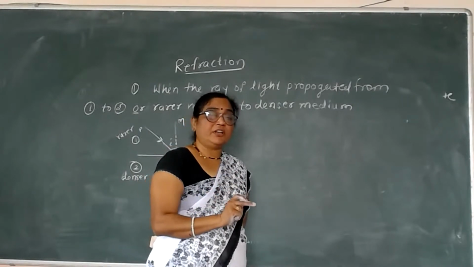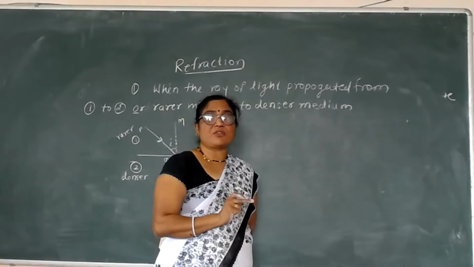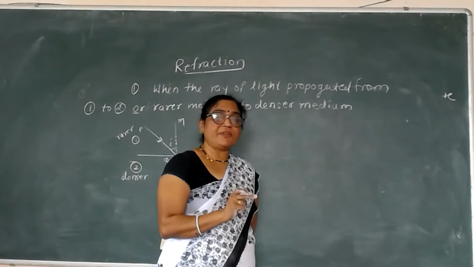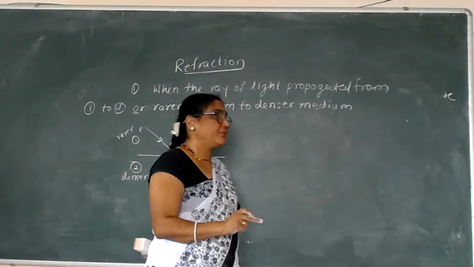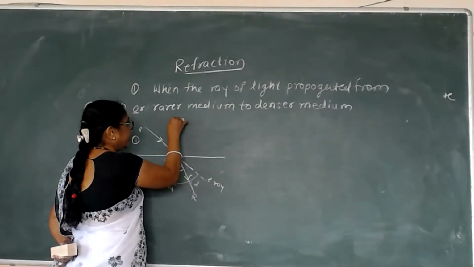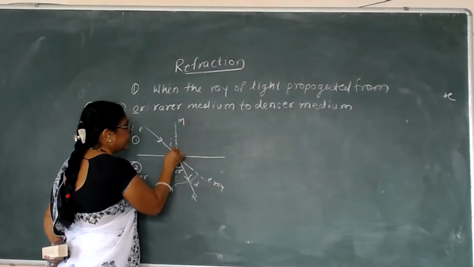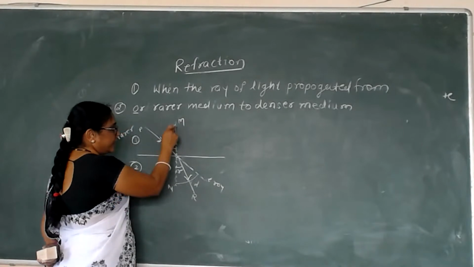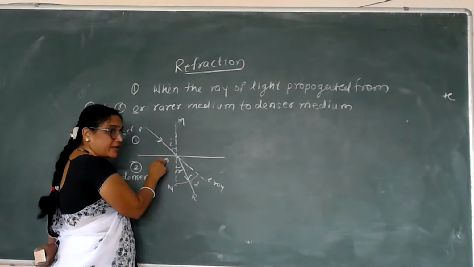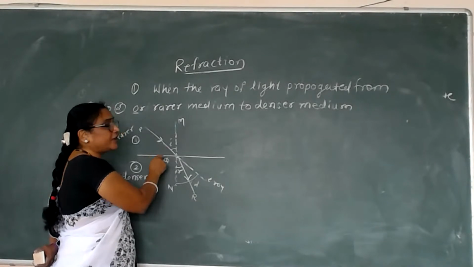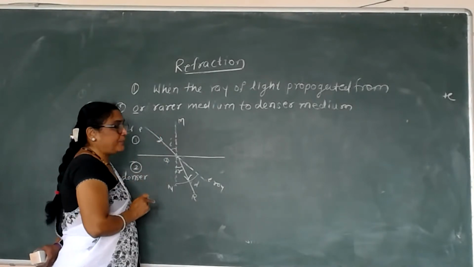When the angle of incidence is equal to 0, the angle of refraction is also 0. Because of that, Snell's law is not applicable for the normal ray. When the ray of light is incident obliquely, then Snell's law is applicable.